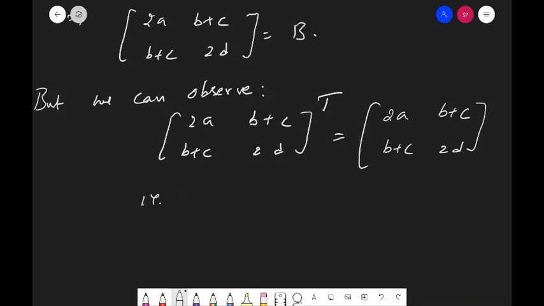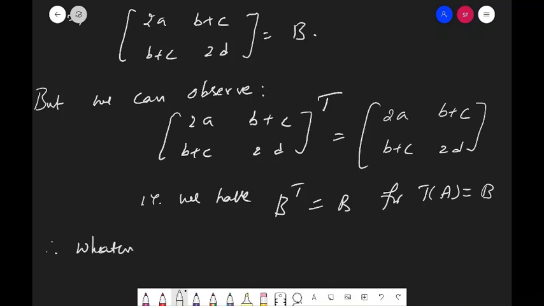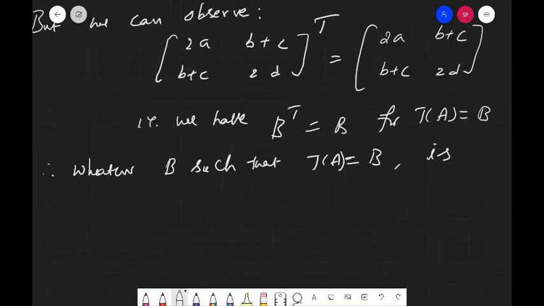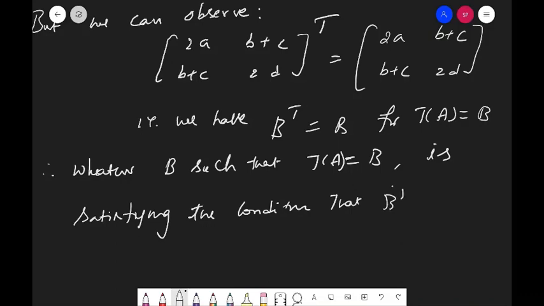That is, we have B transpose is equal to B for T of A is equal to B. So therefore, whatever B such that T of A is B is satisfying the condition that B transpose is equal to B.